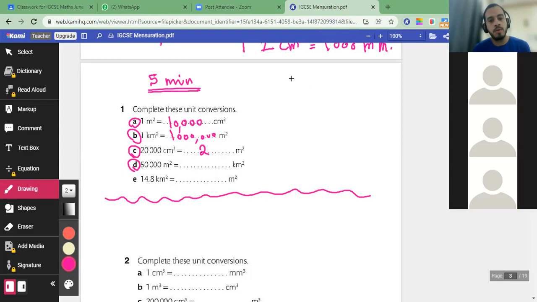It will be 0.05. Is it 0.05 or 0.5 only? 0.05, because you will divide by 1 million, so it will be 0.05 square kilometer.